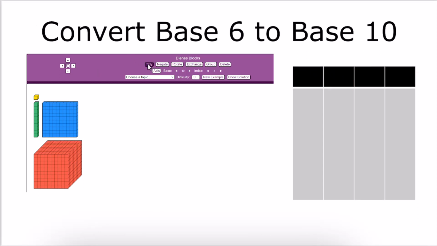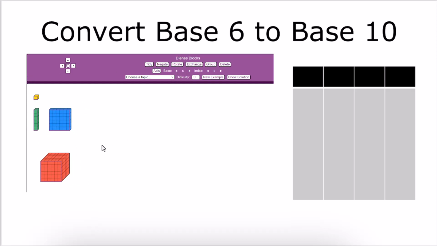And let's convert base 6 to base 10. So I'm going to change all of these blocks to be base 6 so that we can visualize this as we go. Okay, so these are the base 6 blocks. And notice how these are different than the base 4 blocks because each of the second place value blocks, these green ones, have 6 blocks in them.